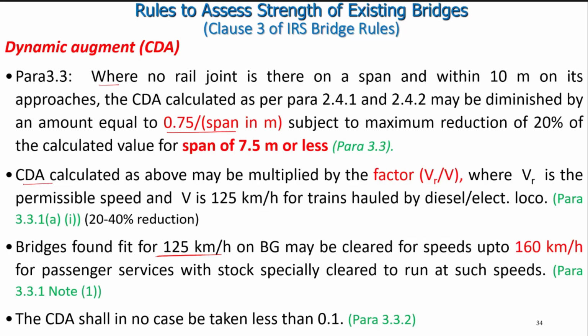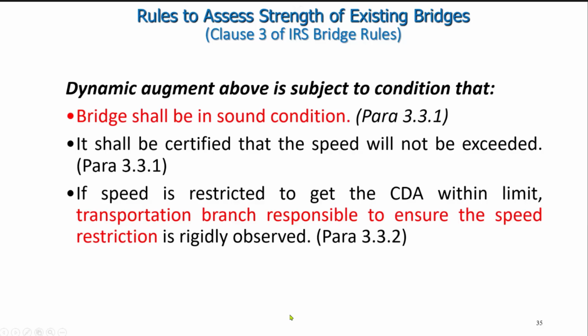However, whatever reduction we are giving for the existing bridges, the CDA in no case should be less than 0.1. The CDA reduction is subject to the condition that the bridge shall be in sound condition.